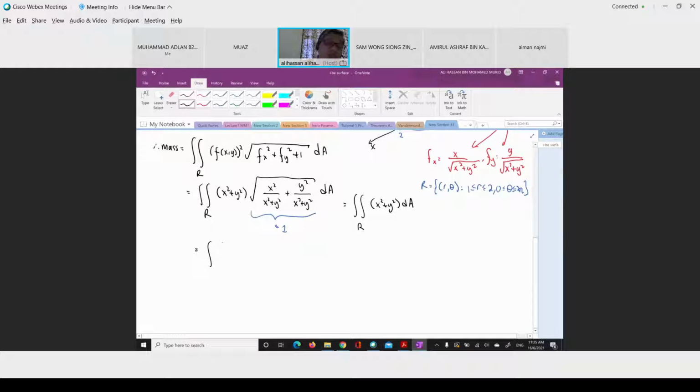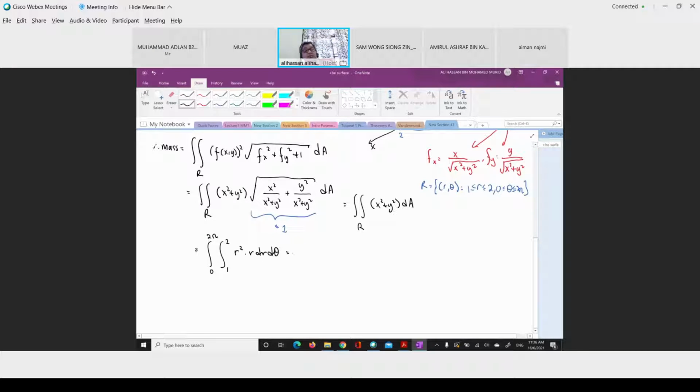So we have a double integral of r squared, and the area element dA is r dr d theta. Okay? So we are using the order dr d theta here, where r is between 1 and 2, and theta is between 0 up to 2 pi.